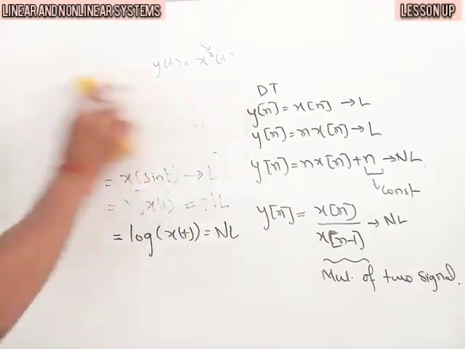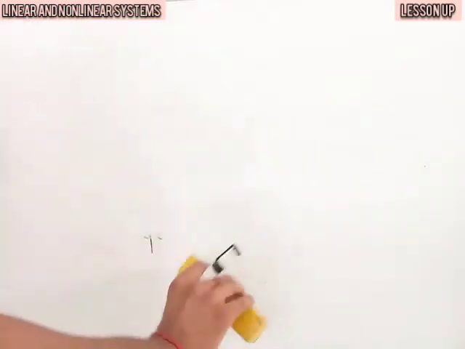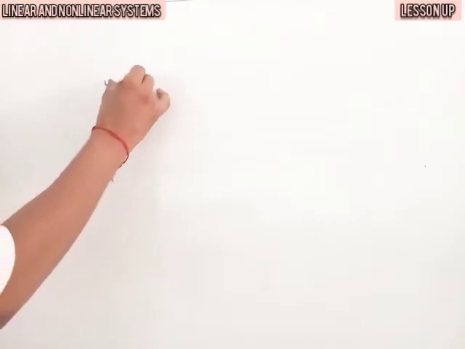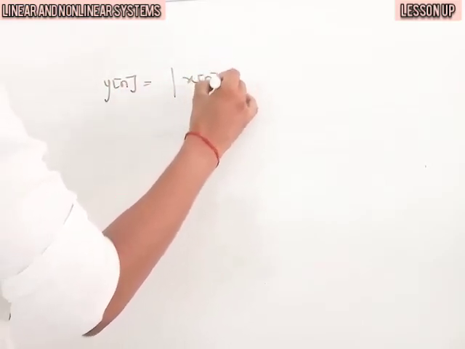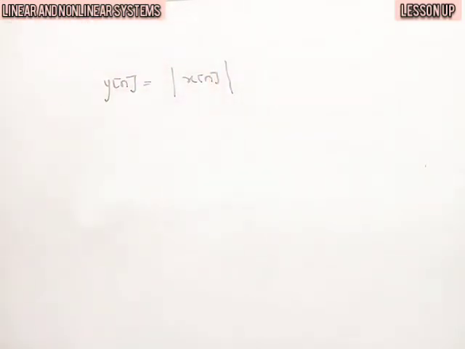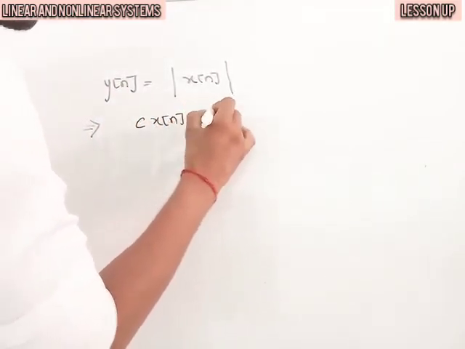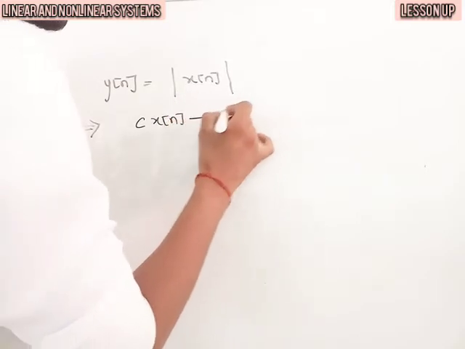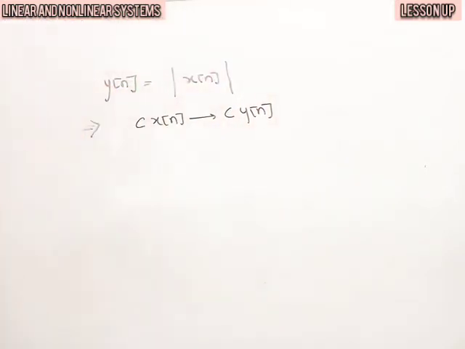Now, what if y of n is equal to mod of x of n? Suppose, according to homogeneity, C x of n should give C y of n, where C is some real value.